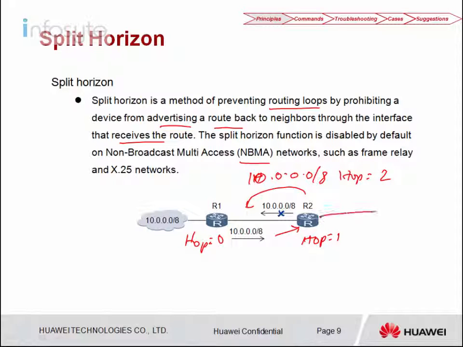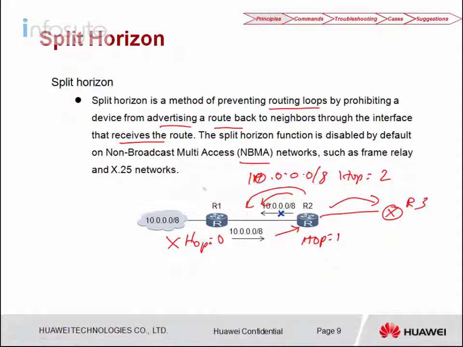Assuming that R2 also has a connection to R3, it will do the same thing, telling R3 that if you want to go to 10.0.0.0/8, you can go through me, and the hop count is 2. Now, assuming that R1 has now lost the 10.0.0.0/8, and the split horizon doesn't work, so they do send this information back to R1.